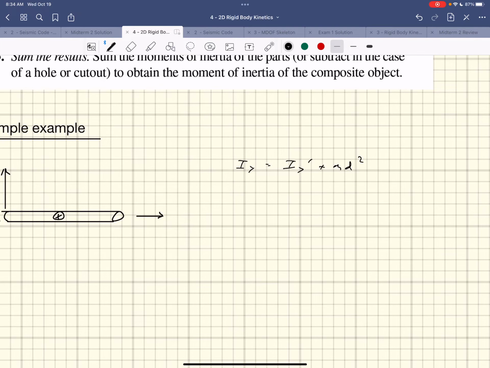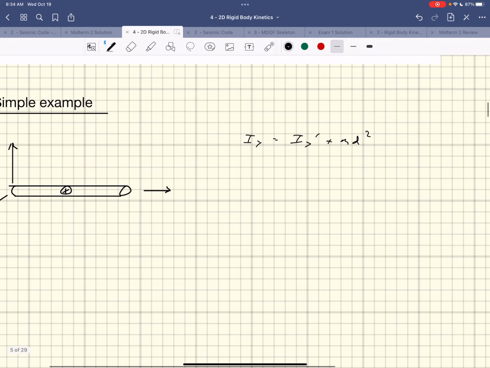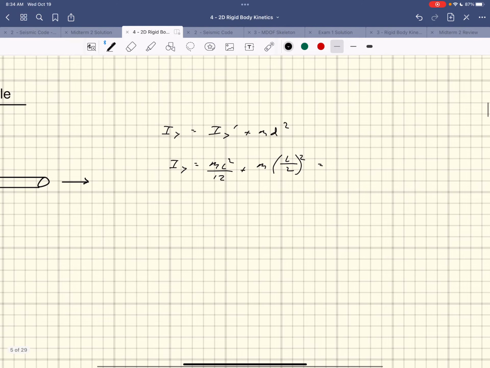This isn't composite bodies, this is just an example of the parallel axis theorem. So I_y is equal to ml squared all over 12 plus mass times the distance squared. That distance is from here to here, which is L over 2 squared. And if you carry out the math there, you get ml squared all over 3.